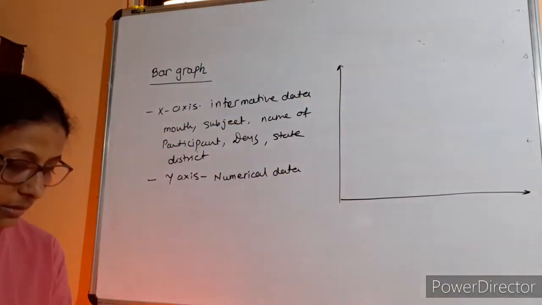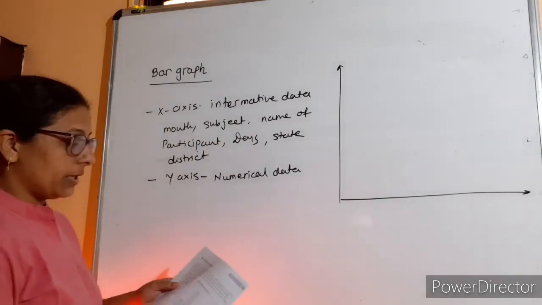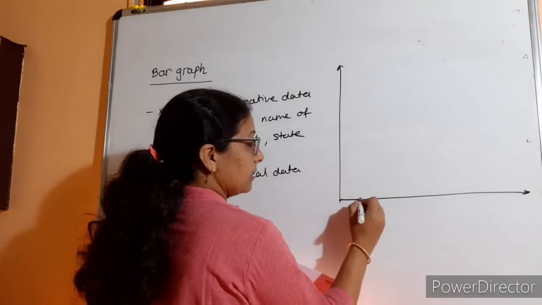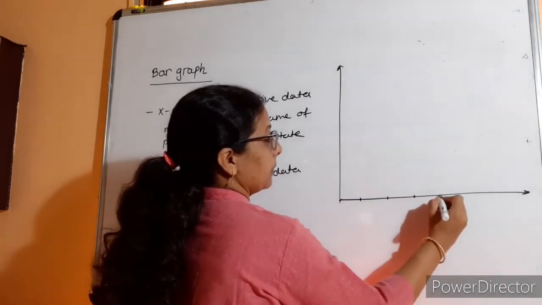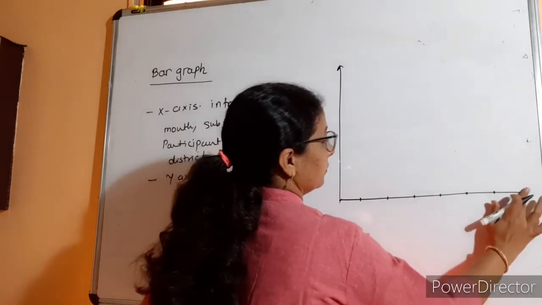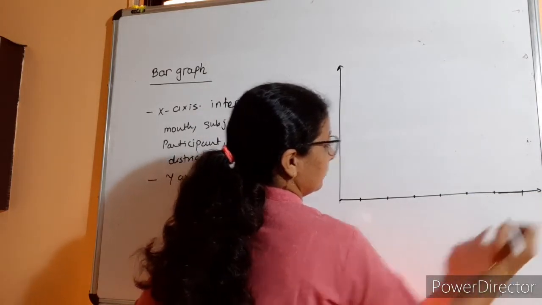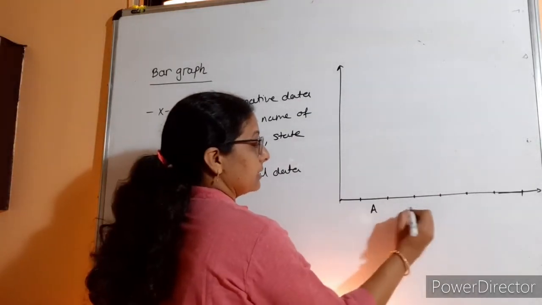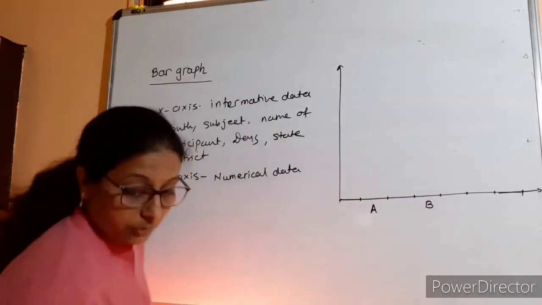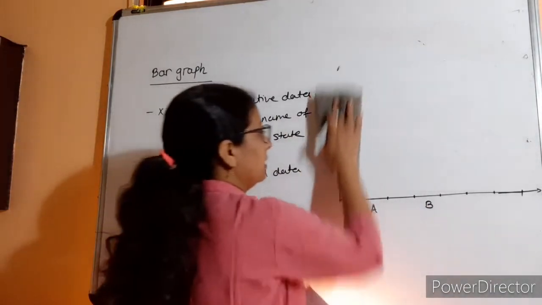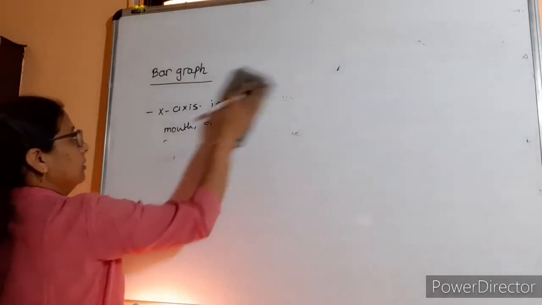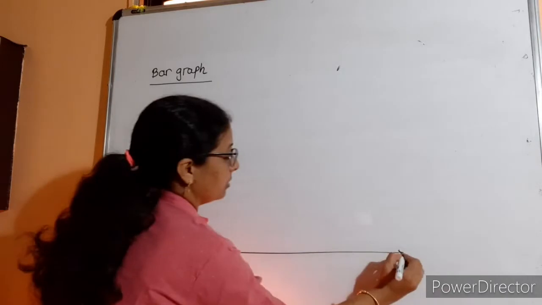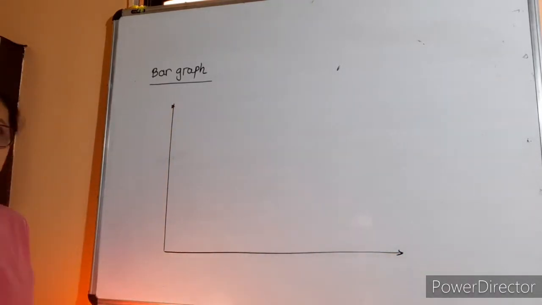that is votes reporting per district. Here is district A. Suppose this is our graph paper. We have district A, B, C, D, E. So I will write this A, B. Okay, we have to extend the data. Here is the x-axis and y-axis.